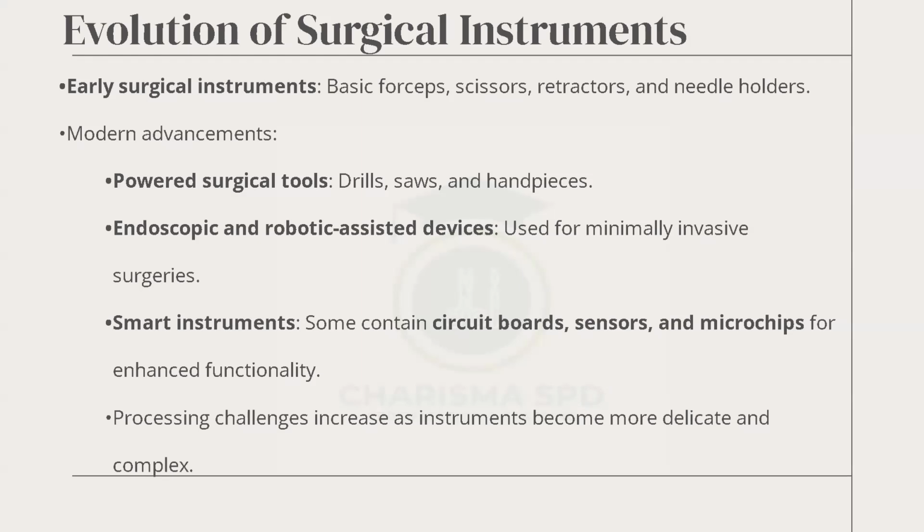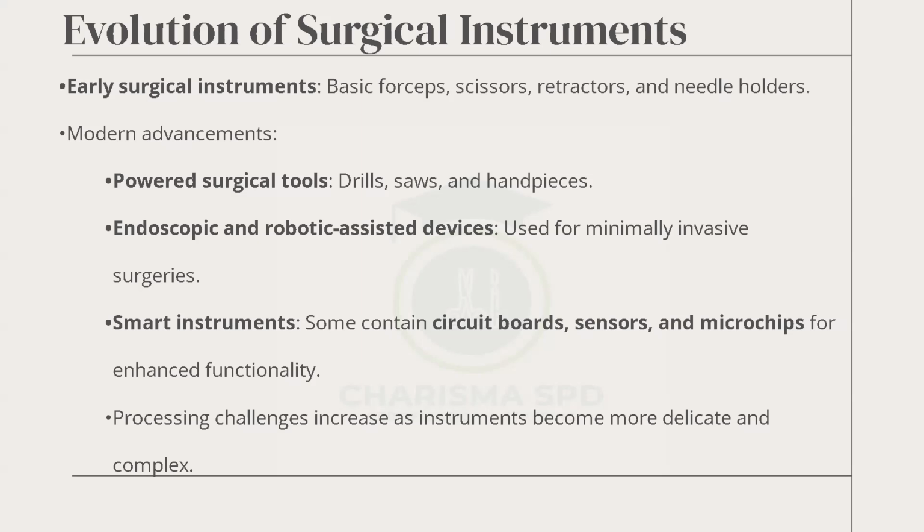But because of the advancement of medicine, surgical instruments came about which use electrical or air energy and the rest. So powered surgical instruments are the drills, saws, and handpieces. One is what we just saw in figures 11.1, 11.2, and 11.3. That is an example of a powered surgical drill or handpiece.